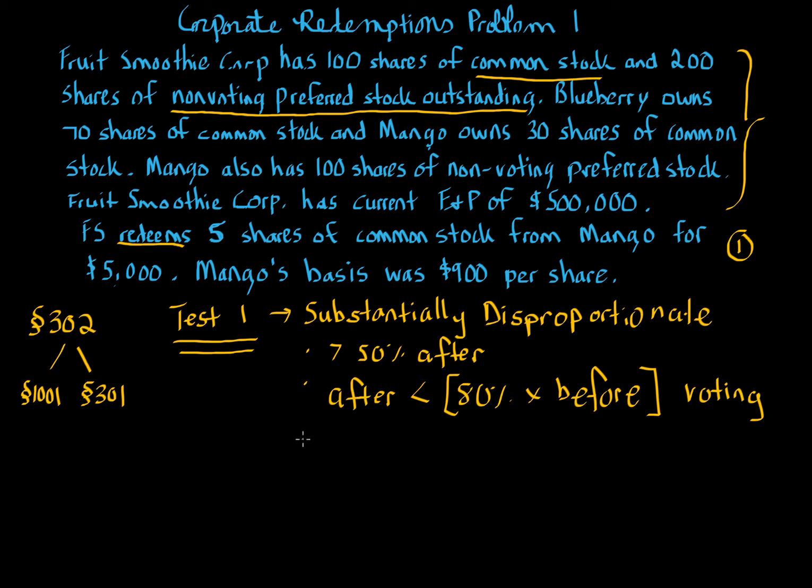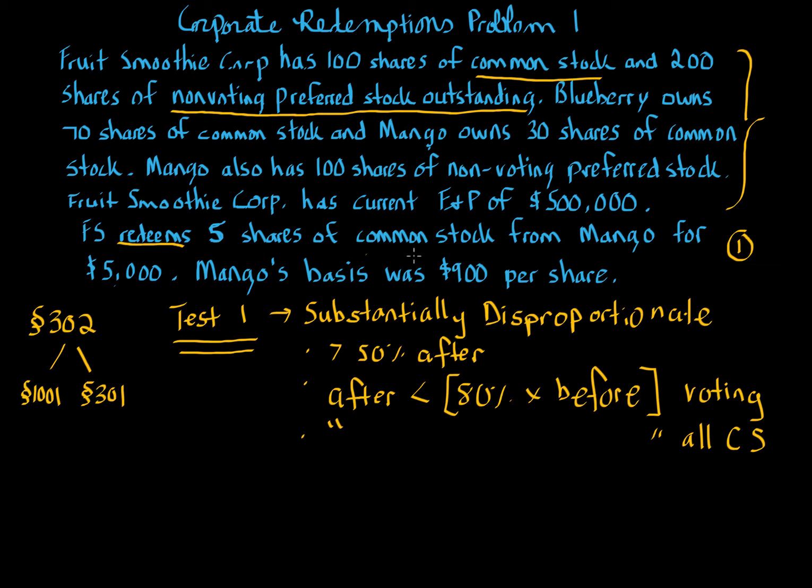And finally, the 3rd test that also has to be met is the same thing: the after percentage is less than 80% times the before percentage, but it's all common stock. So we have those 3 tests. Let's go ahead and apply these 3 tests to this fact pattern.